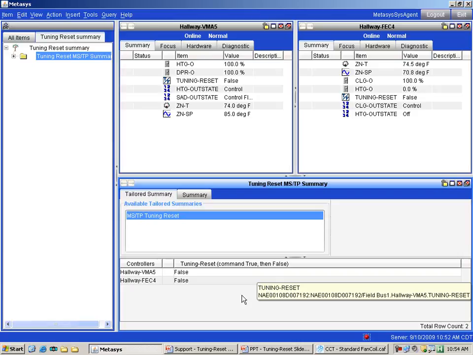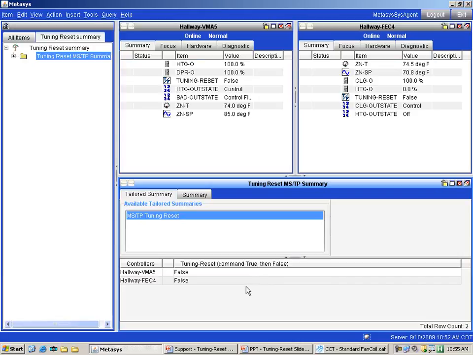And if you notice, I also have in text here, command true, then false, because I know that going from false to true is what actually executes the tuning reset procedure. When it goes from true to false, that has no impact. So what I might recommend is when you command this to true, you might as well just turn it right around and command it to false a few seconds later, because it has no impact.